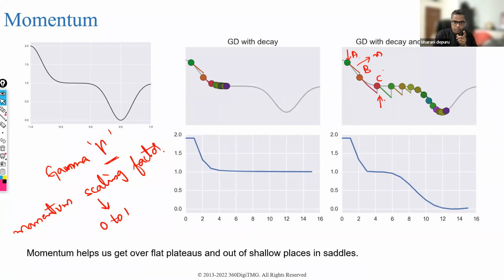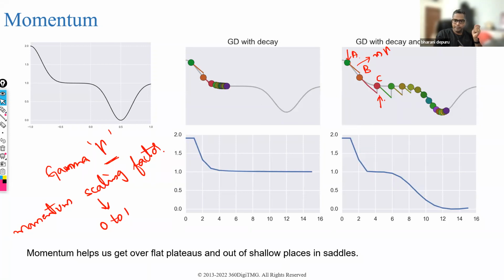This M value is multiplied by gamma, and this gamma value ranges from 0 to 1. So now you find the gradient at B and scale it by a learning rate.